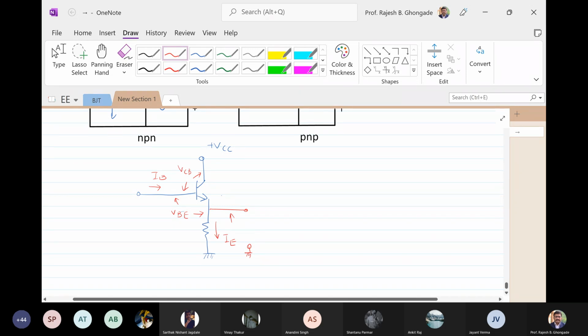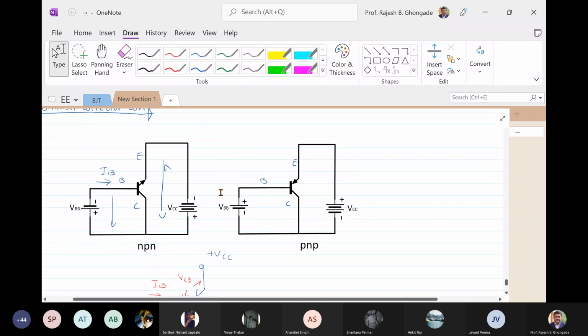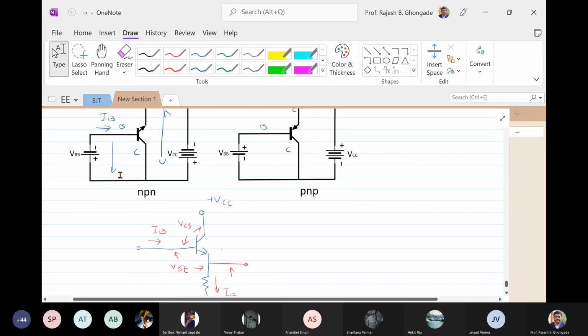Now even though it may look like this, what is going to be the effective value of input? In the sense, even if I bias it like this, this IB is fine. What is going to be the effective value of input? I can change this a little.